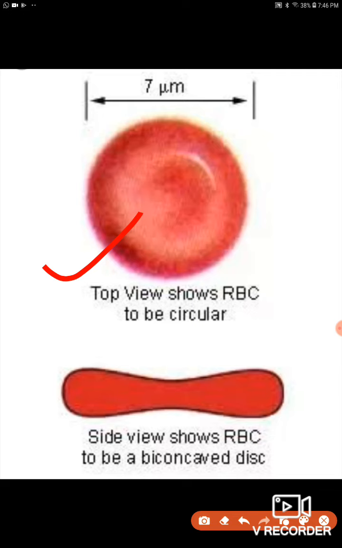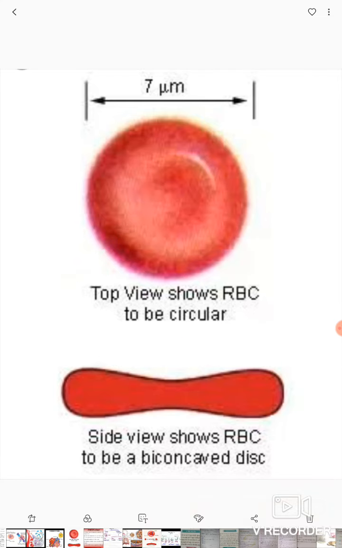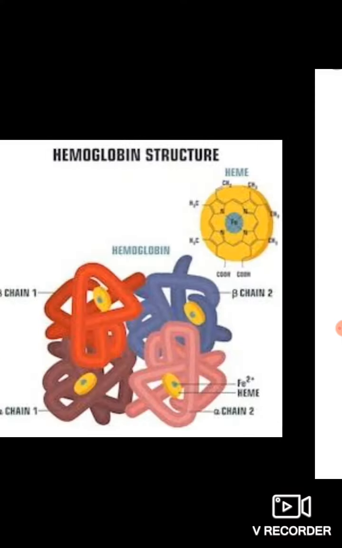An adult male has 5 million RBC per cubic millimeter, and an adult female has slightly less than male, that is 4.5 million. So this is all about RBC shape, size and structure.